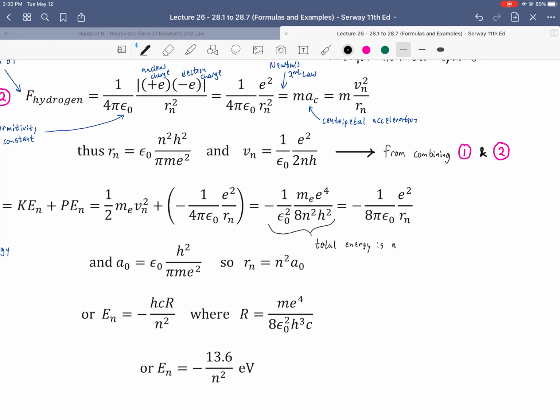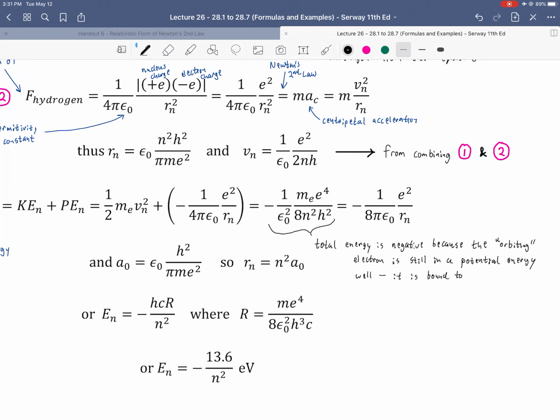Total energy is negative because the quote-unquote orbiting electron is still in a potential energy well.